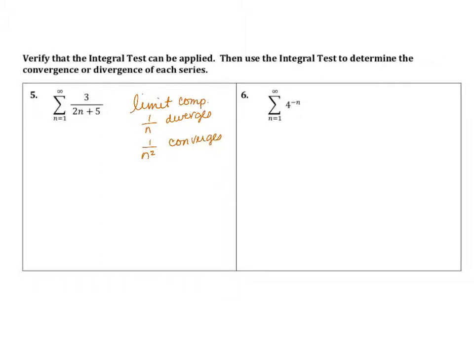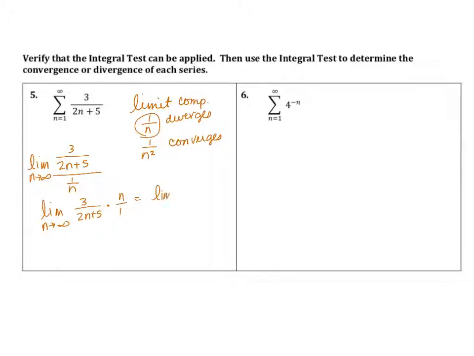So I'm going to compare this to 1 over n. I'm going to look at the limit as n approaches infinity of 3 over 2n plus 5, over 1 over n. And so that nice little nifty keep change flip. So I have the limit as n approaches infinity of 3 over 2n plus 5 times n over 1.